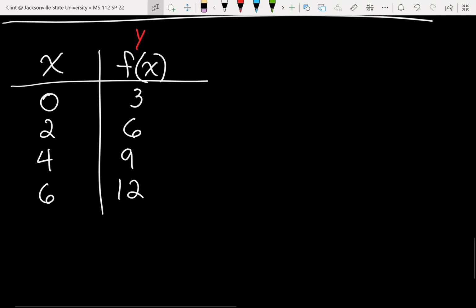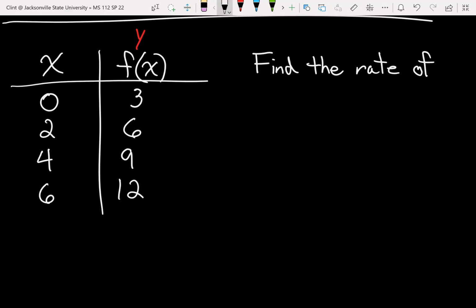And this particular problem, the first thing it's going to tell me to do is to find the rate of change of f.